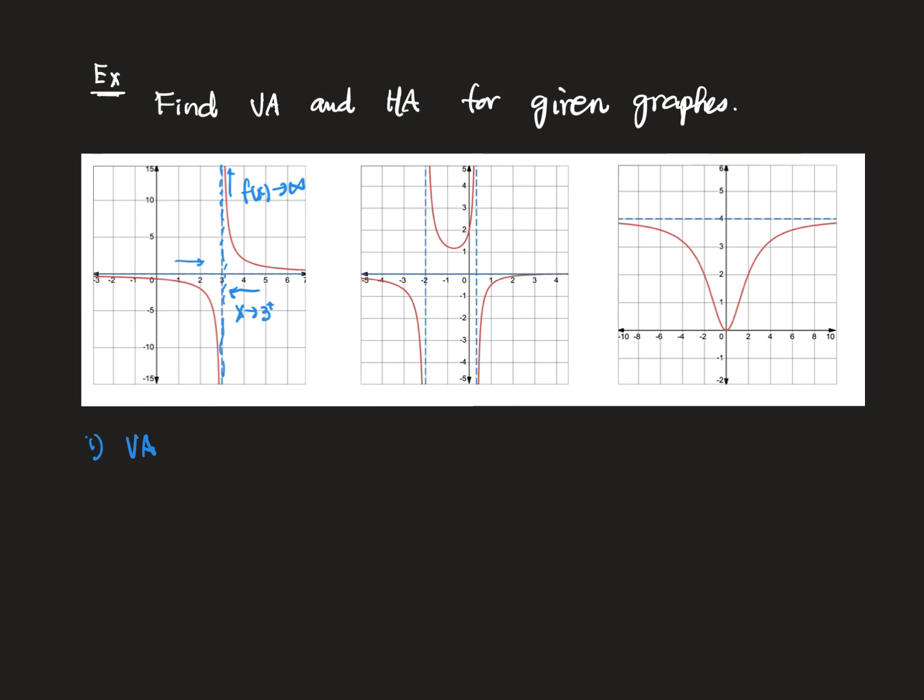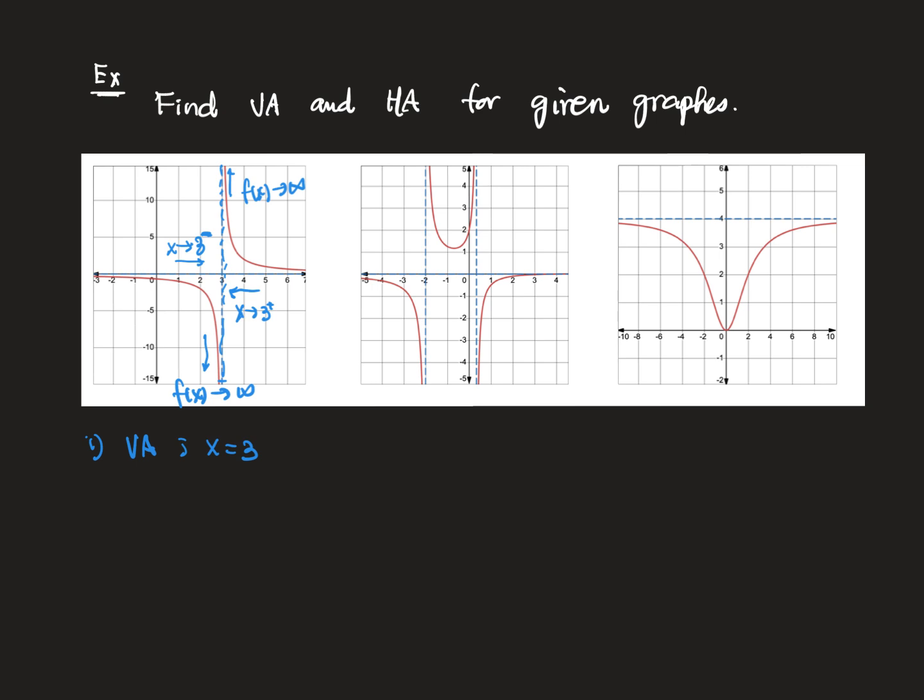Coming from the left, x approaching 3 from the negative side, y values go down. F of x goes down to negative infinity. So what is the vertical asymptote? You're going to say x equals 3. Guys, remember that vertical line is what we call the vertical asymptote.